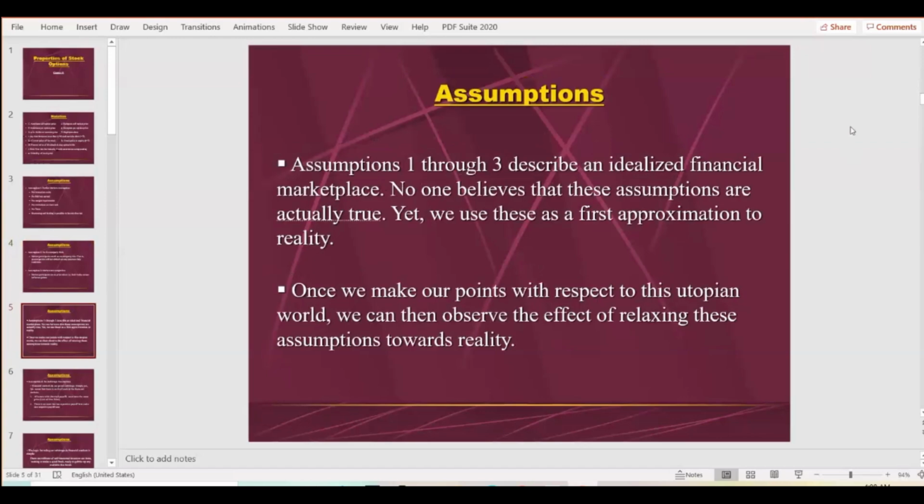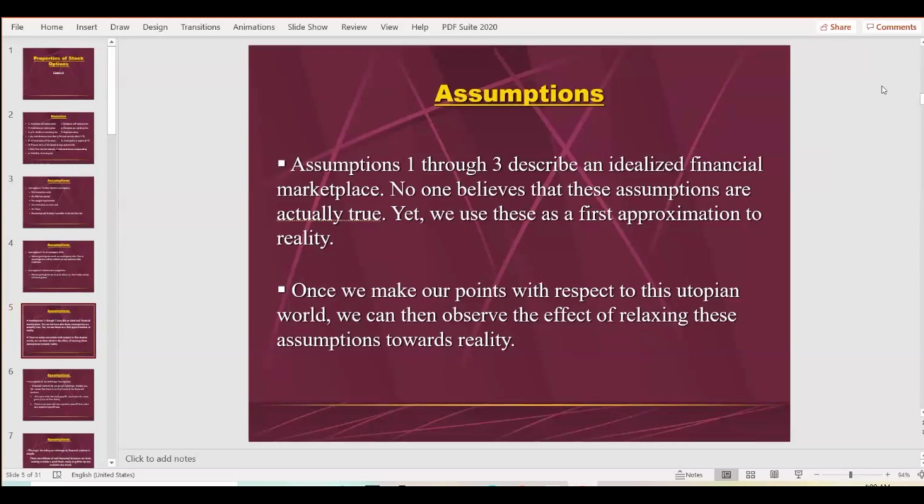Now, assumptions 1 through 3 describe an ideal financial marketplace. Mainly, those assumptions are not realistic. Just to give a quick example, it can never be the case that we as traders can borrow and lend money at the same rate, the risk-free rate. However, those are used as a first approximation to reality.